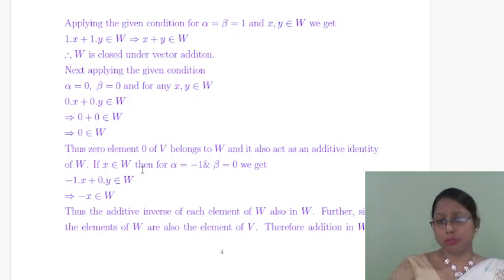For any x belonging to W, take alpha equal to -1 and beta equal to 0.